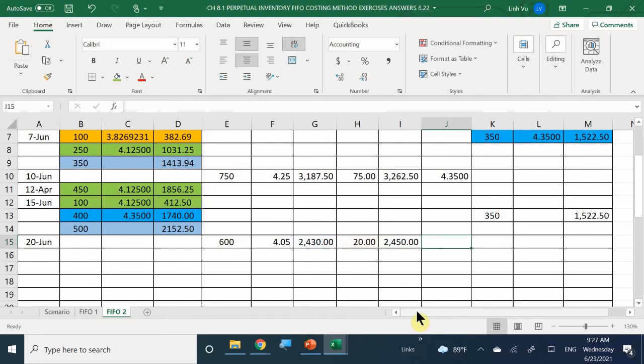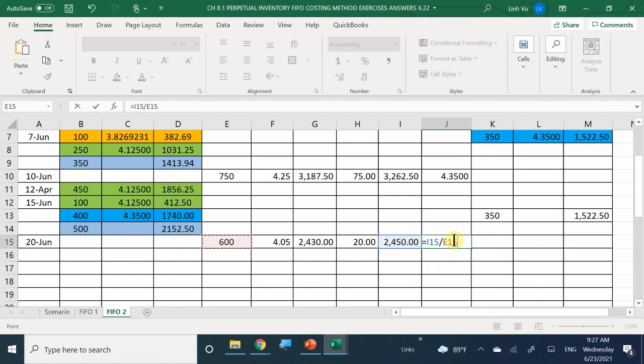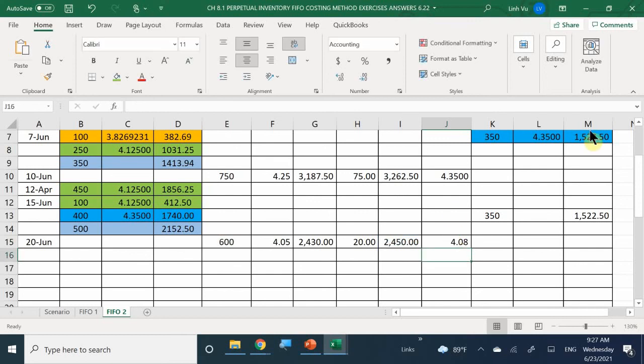Good. So what should be my cost per item here? You got $4.08. Okay, let's try that again. $2,450 divided by 600. I got 4.08333333.